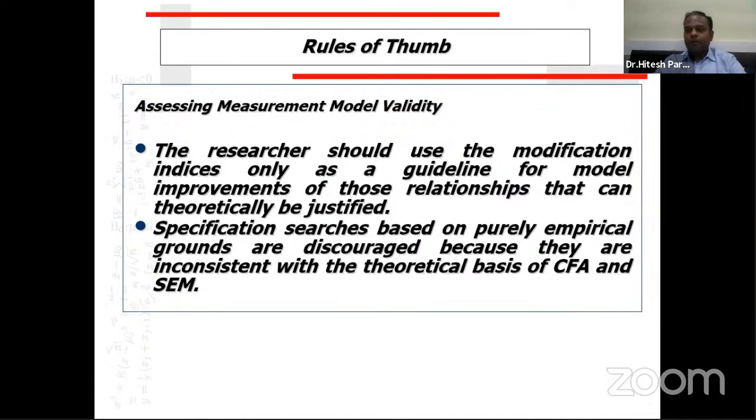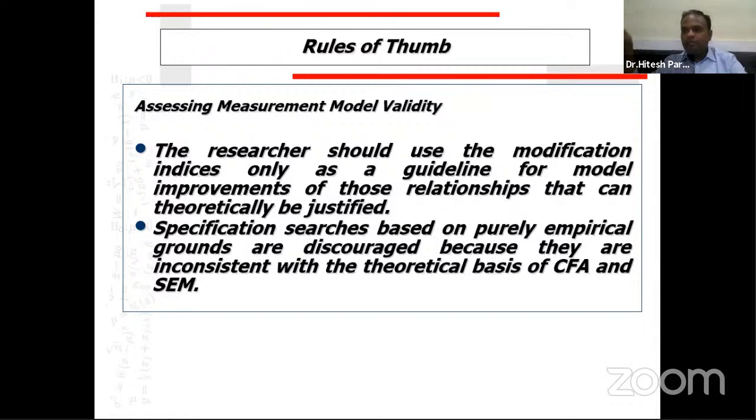For example, one of the model fit parameters is CFI. The rule of thumb is that it should be greater than 0.9. But when we run the analysis, for example, it comes as 0.82. So it is less than 0.9 and it is not acceptable. So we are checking whether we can improve this CFI value or not.